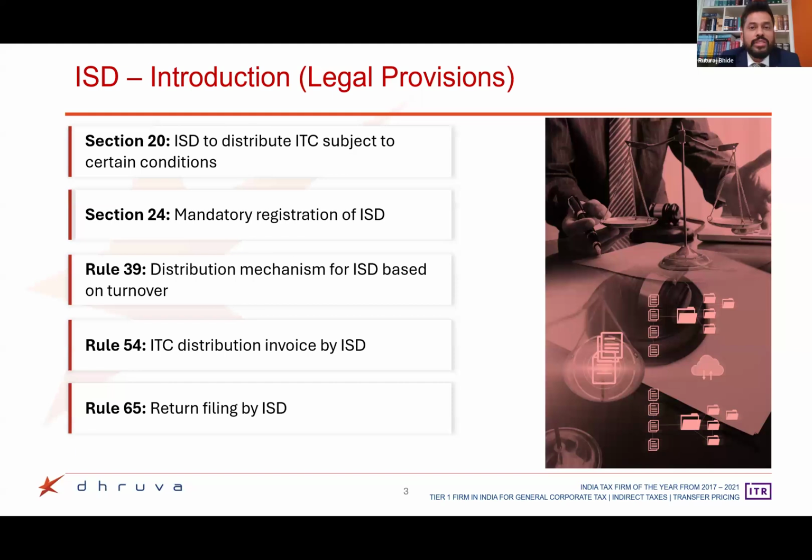Rule 39, which is the mother rule, I would say, which covers the entire procedural rules for how an ISD should distribute its credit. We have Rule 54 that talks about how ITC distribution should happen through issuance of an invoice. And finally, we have Rule 65, which talks about ISD return, which has to be filed. And the first mandatory return will have to be filed the next week on 13th.